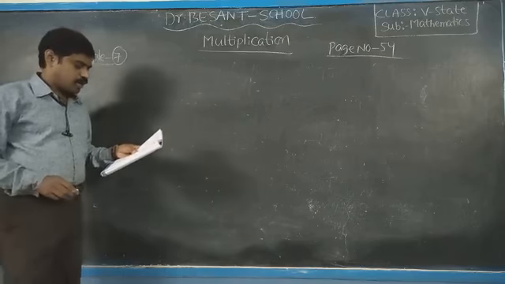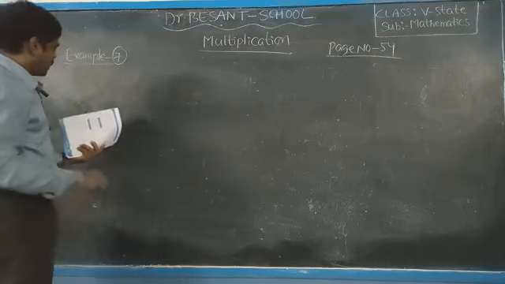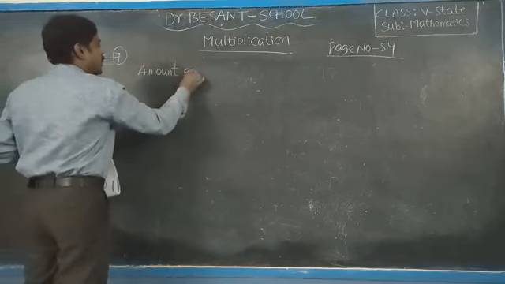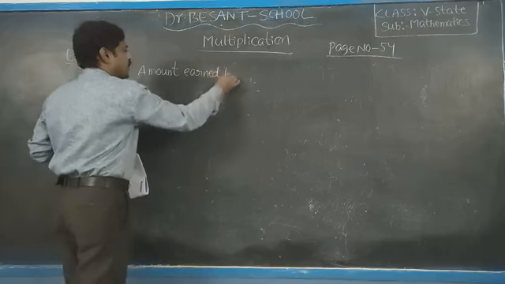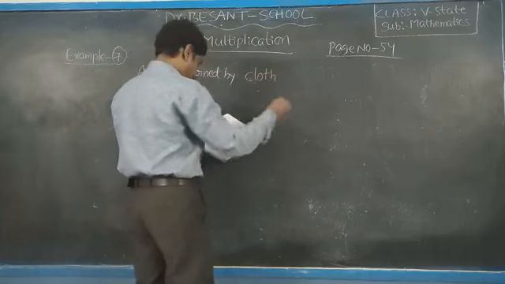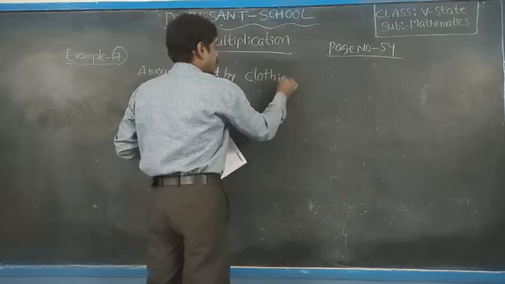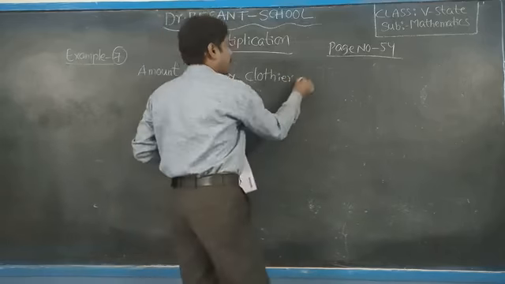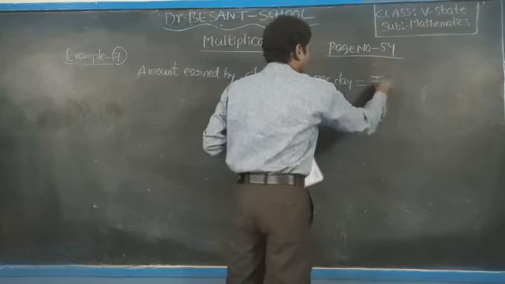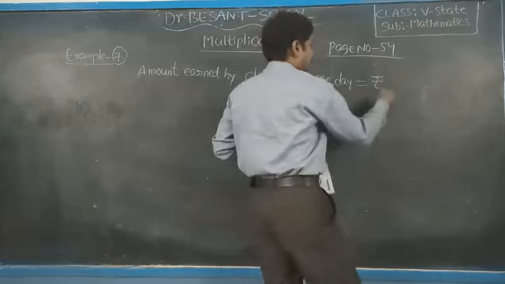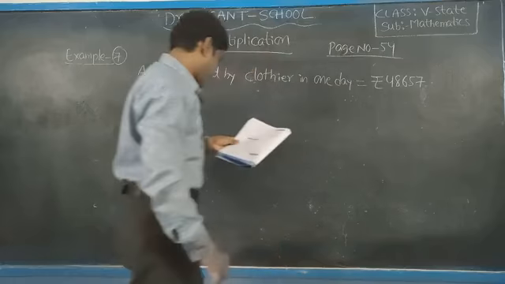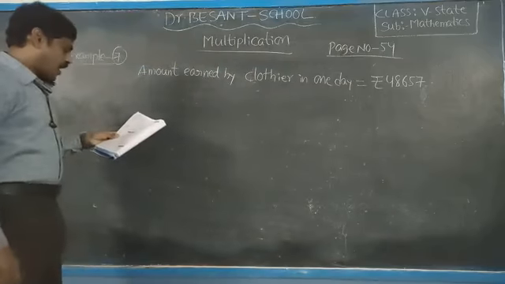So, amount earned by clothier in one day, that is equal to rupees 48,657.